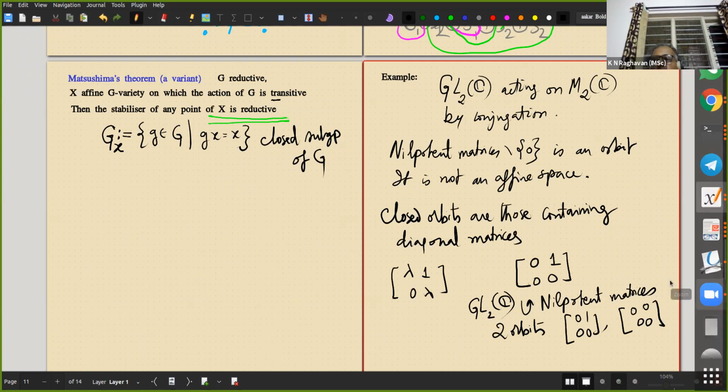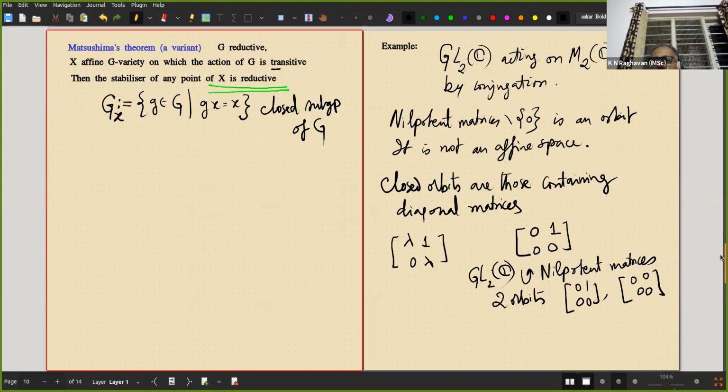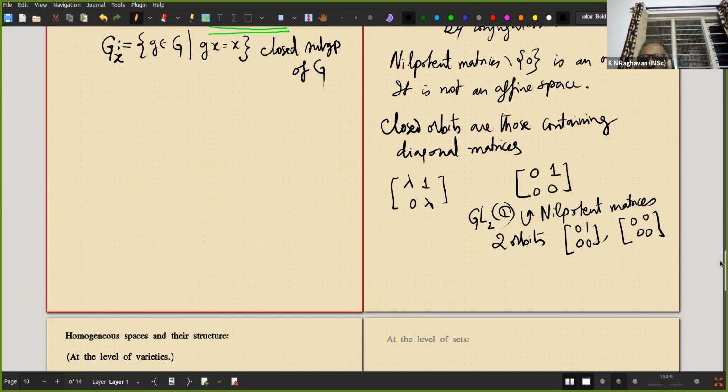Remember that Krishna in his lecture was trying to give examples of varieties that are not affine. And here we have a natural one, because if you look at the stabilizer of this, this turns out to be this.